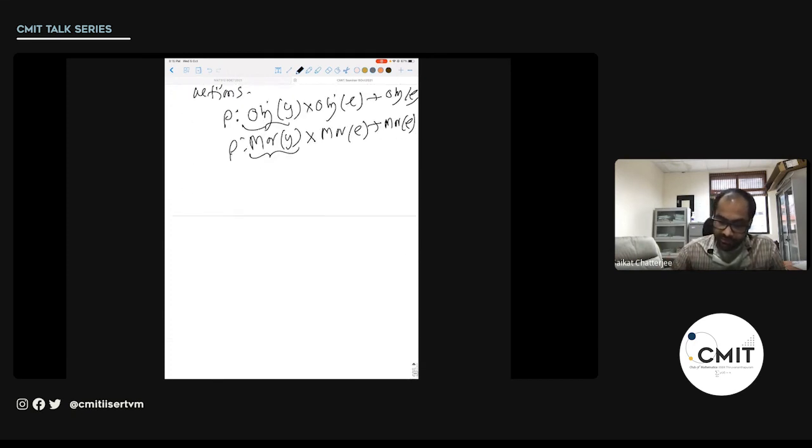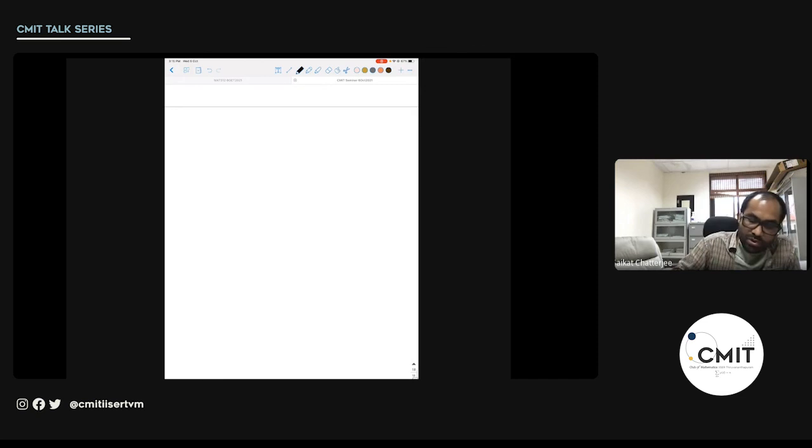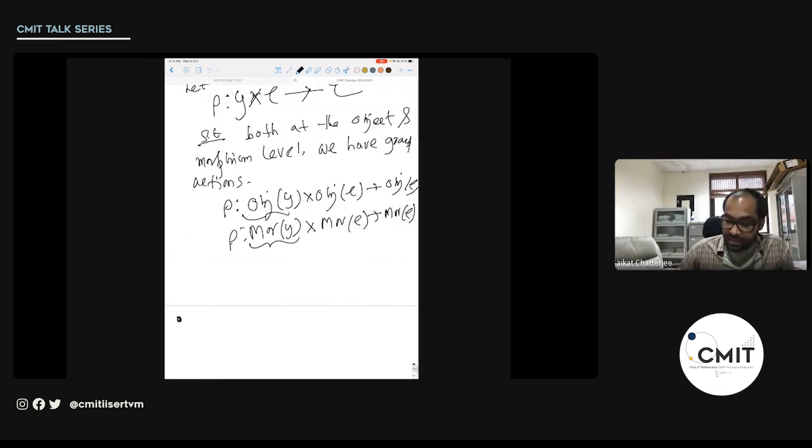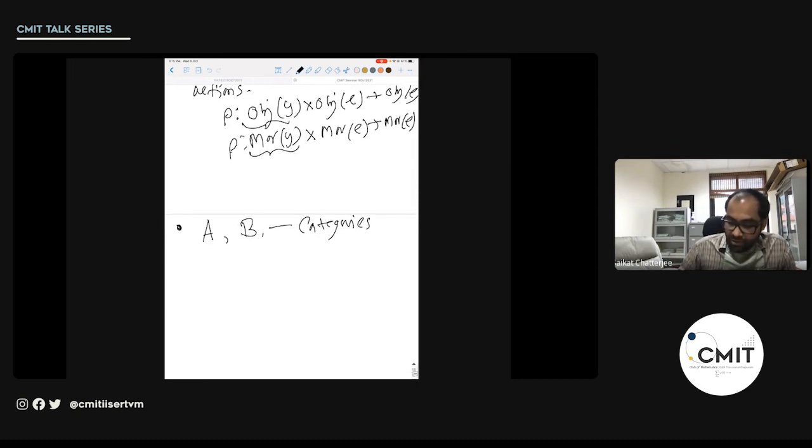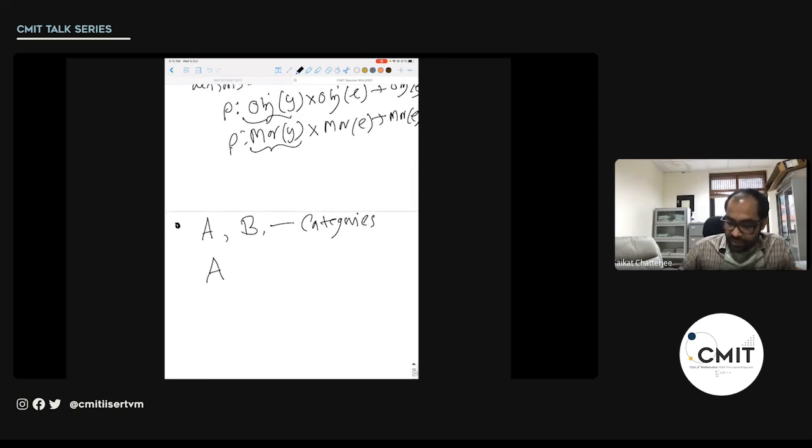So for that, one way to do this, which is completely missing in the classical setup: I will take two categories, A and B. So suppose A and B are categories. I want to define a category which I denote like this.